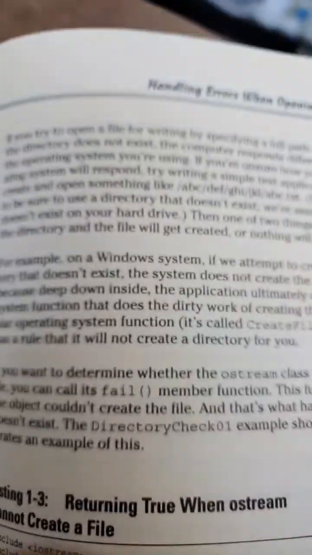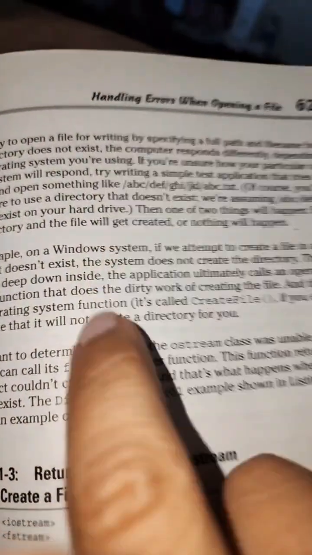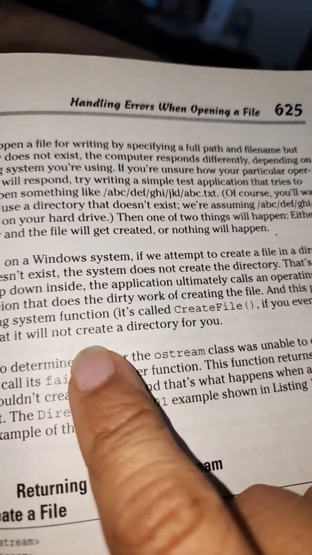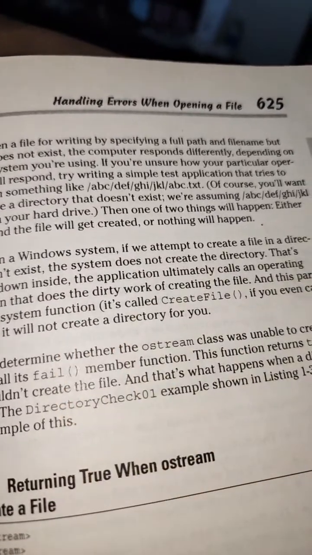If you're not sure how your particular operating system will respond, try writing a simple test application that tries to create and open something like /ABC/DEF/GHI/GKL/ABC.txt.